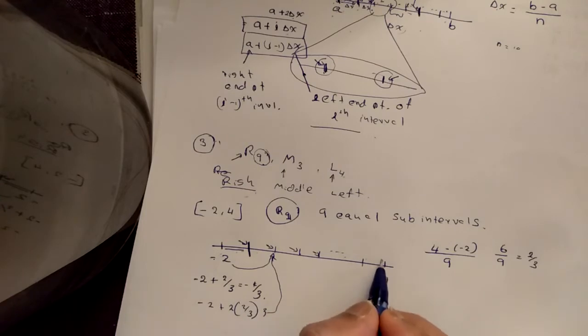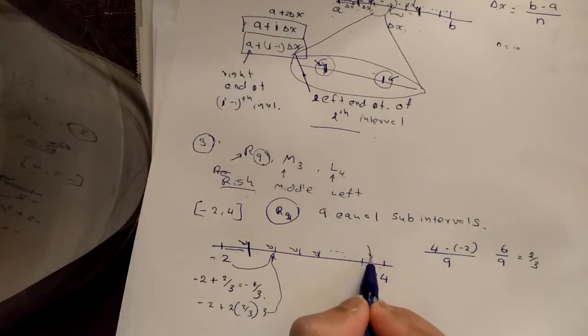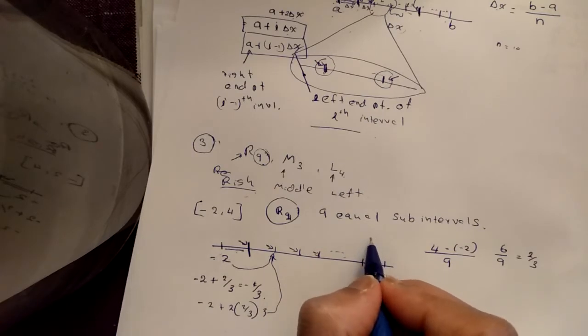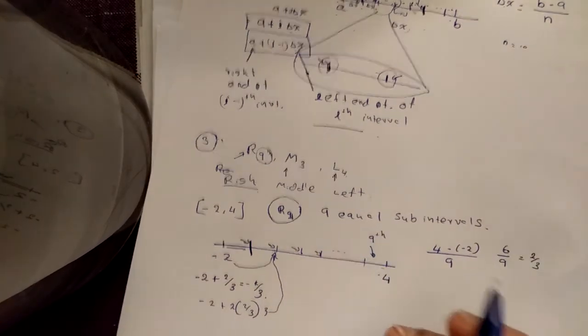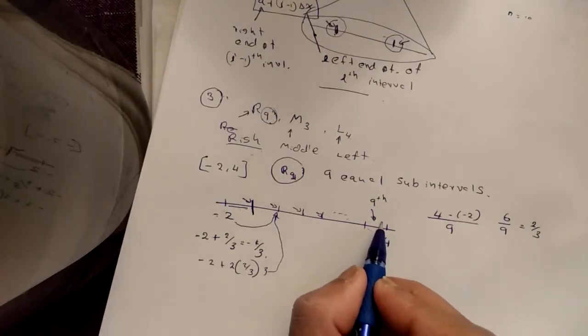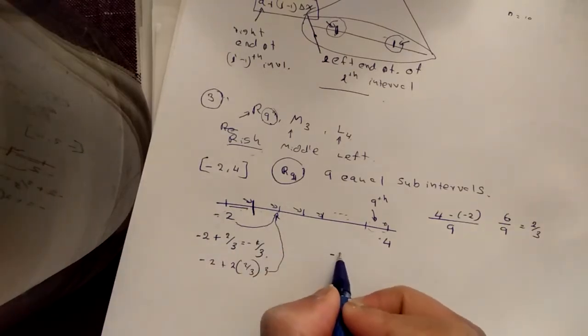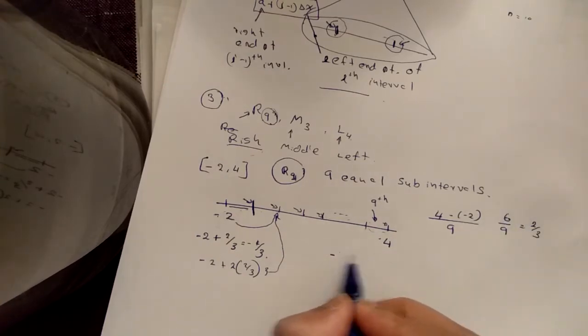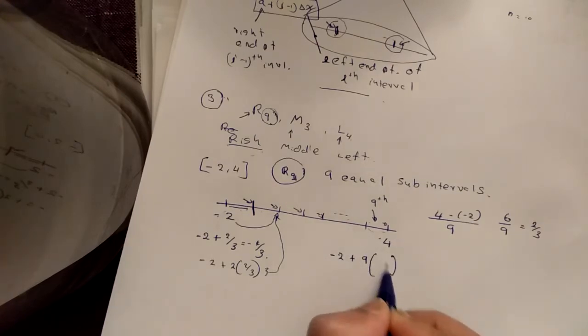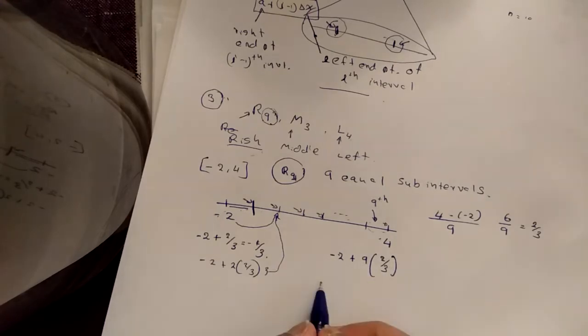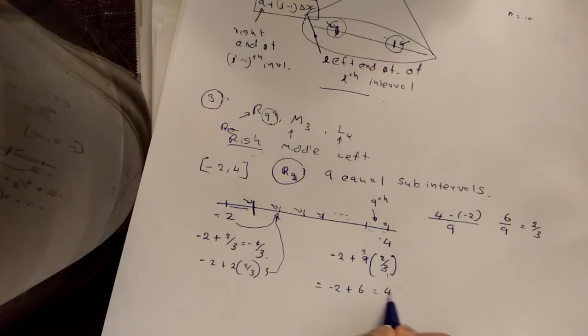The last subinterval will be the 9th subinterval. So what will be the right endpoint of the ninth subinterval? There we should add 9 times the subinterval length to negative 2. So negative 2 plus 9 times 2 over 3, which is negative 2 plus 6, and that equals 4.